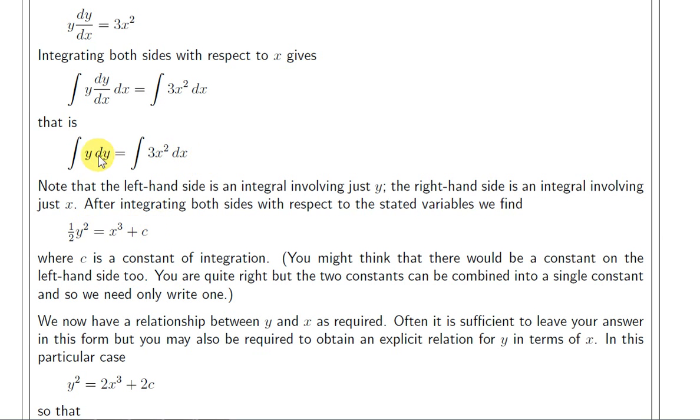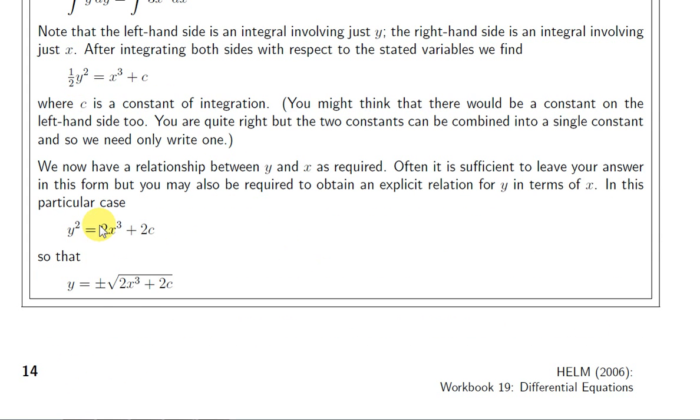For example, if a was the constant of integration on the left and b is the constant on the right, then c would be b minus a. But since both a and b are constants, b minus a is a constant, so we call it c. Now we can get y as a function of x, so this is the solution to the differential equation.